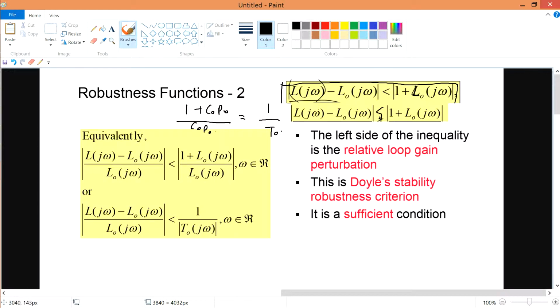Now the difference is that if I were to divide them by L0, why do I want to divide them by L0? I want to make it in terms of a certain percentage change. This is the difference between the curvatures.